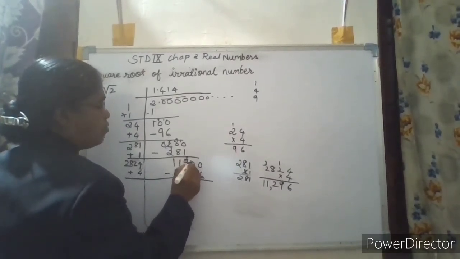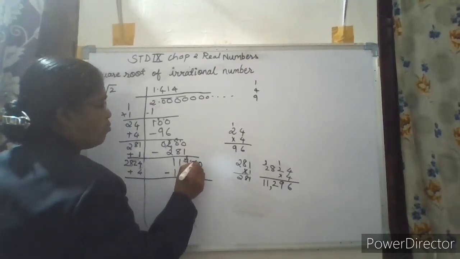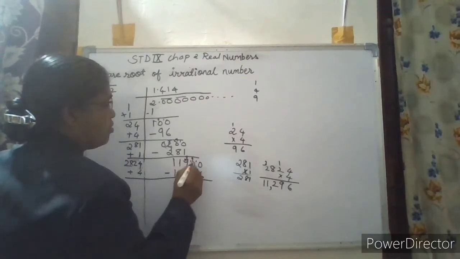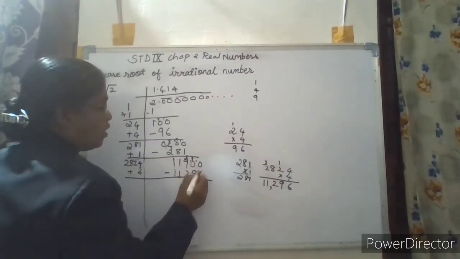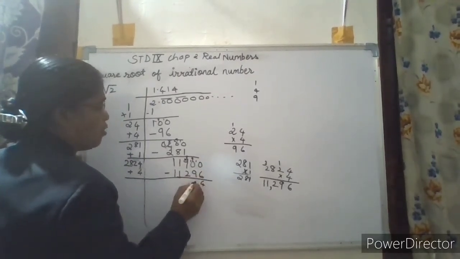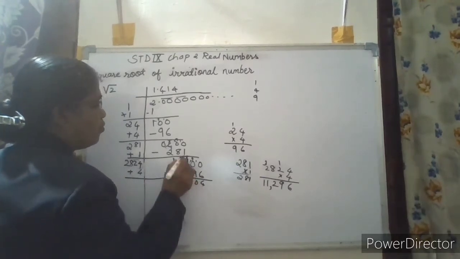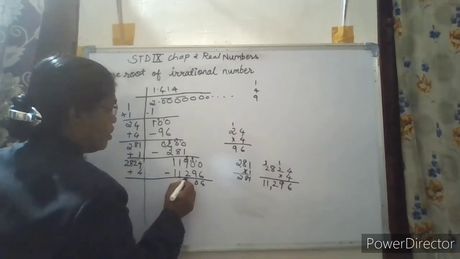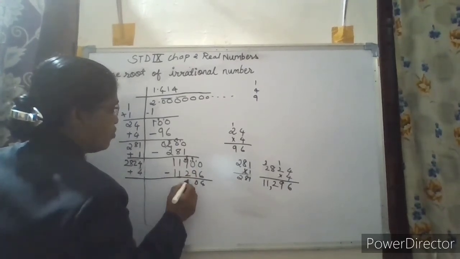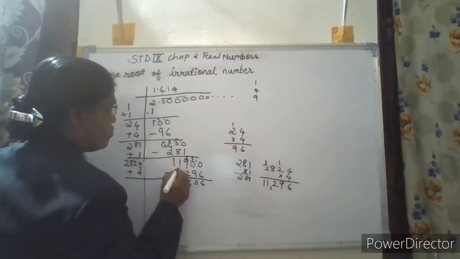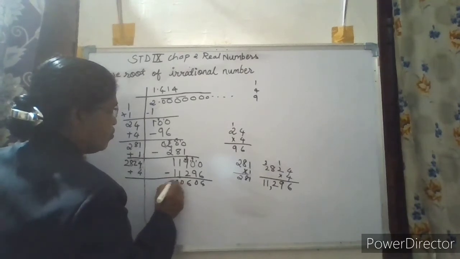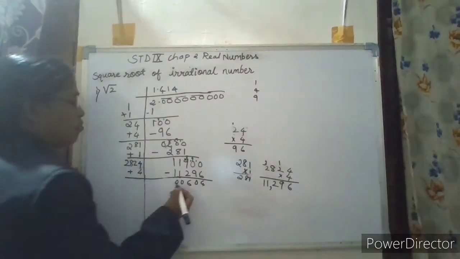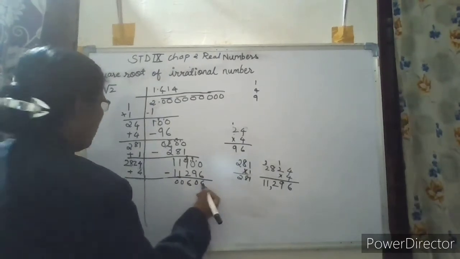Here 8 remains; from 10, borrow, minus here 10. This is 9 remains. 9 minus 9 is 0. Then 8 minus 2 is 6. And it is 0, 0. This 604 is the remainder.